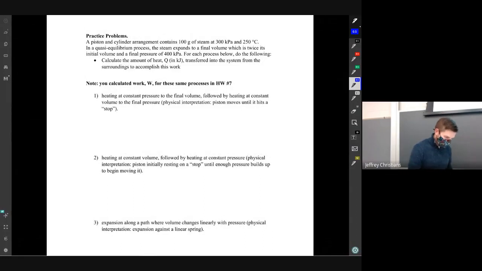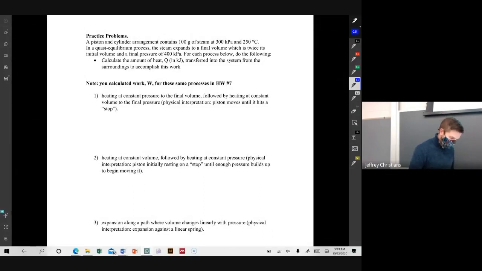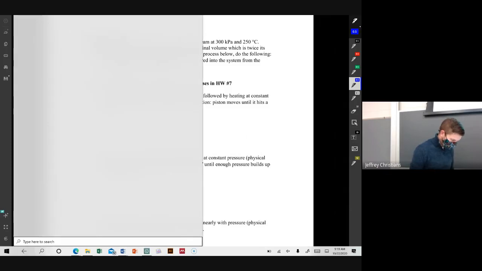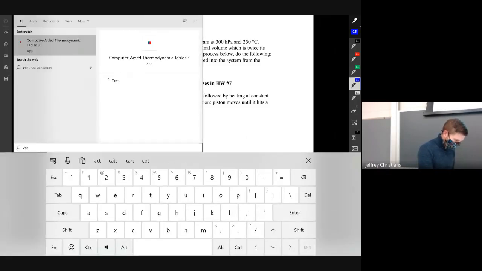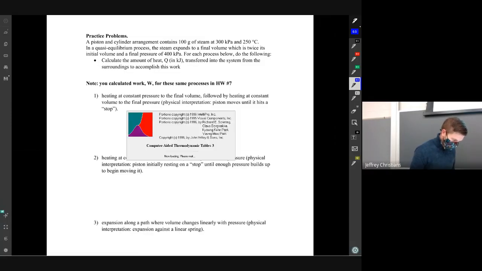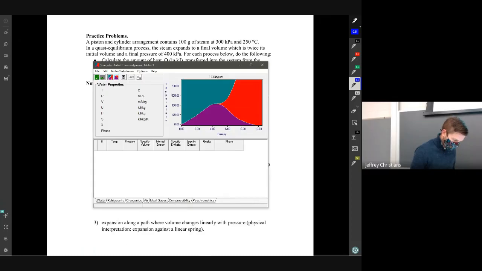Just as a note, I'm going to quickly look up what U is at the initial state and the final state, so that you don't have to do that. Because at this point, I trust that you can all do what I'm doing here.